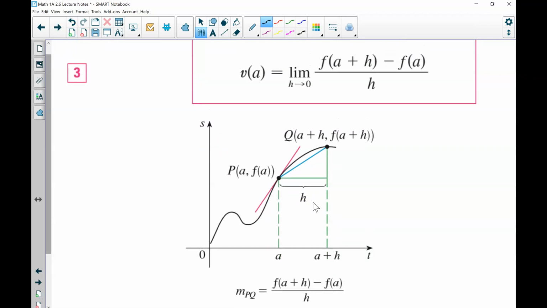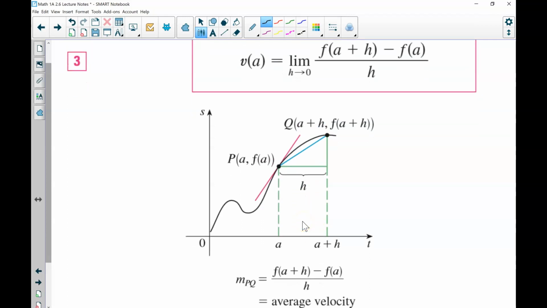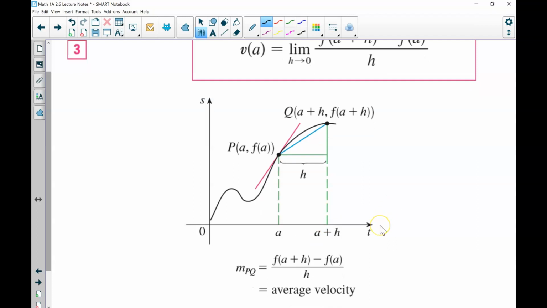Okay, so now suppose we want to compute the average velocities over shorter and shorter time intervals between a and a plus h. In other words, we're going to let h approach 0. So as in the example of the falling ball, we define the velocity, or the instantaneous velocity v of a, at time t equals a, to be the limit of these average velocities.